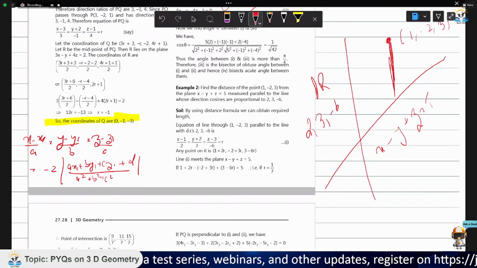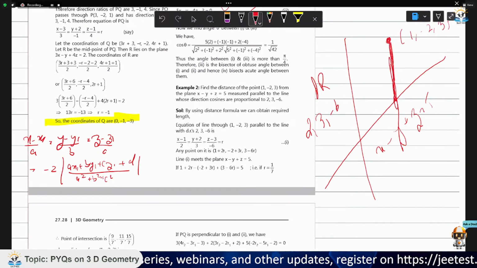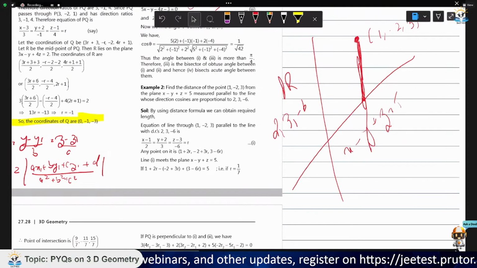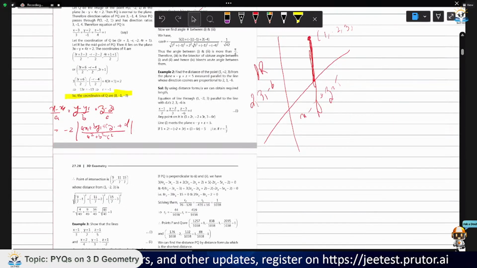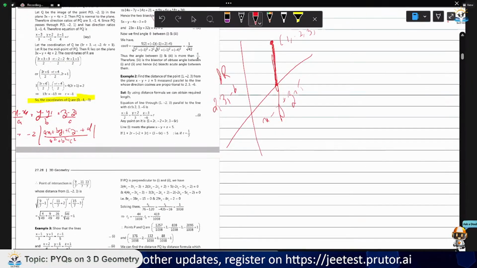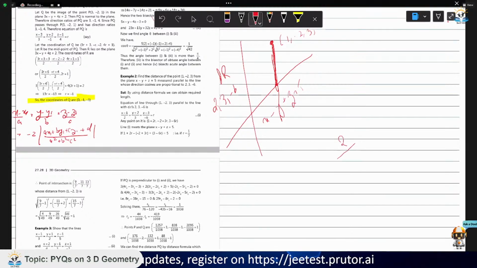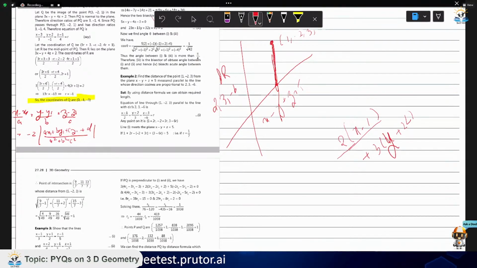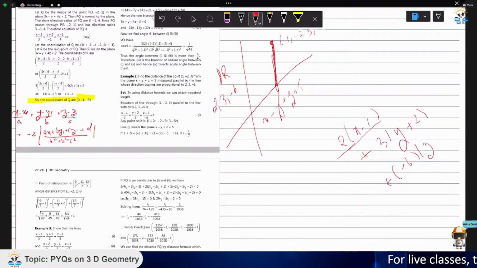So I have to calculate. Firstly, I'll have to make a line parallel to this. So a line parallel to this with these direction ratios would look like, first of all, 2 times of (x minus 1) plus 3 times of (y plus 2) plus minus 6 times of (z minus 3) is equal to 0.